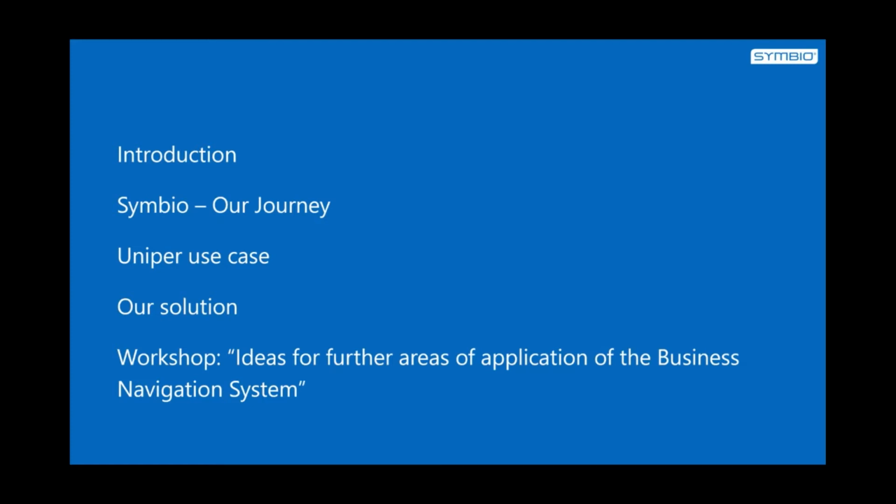And in the end, as we had with the two other keynotes, we will have a workshop where we try to create some ideas for further areas of application of a business navigation system. So the thing is, what is a business navigation system? We will bring some light into this darkness, hopefully, and we show you the use case at Uniper.